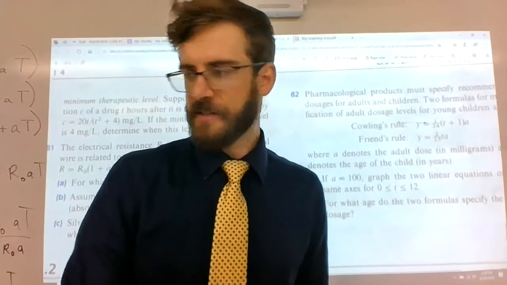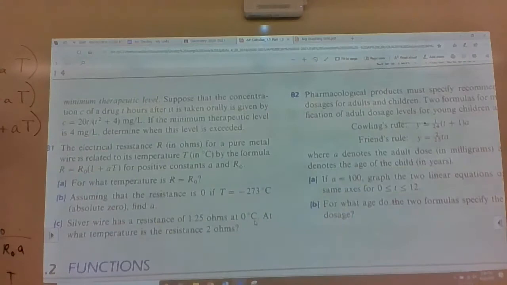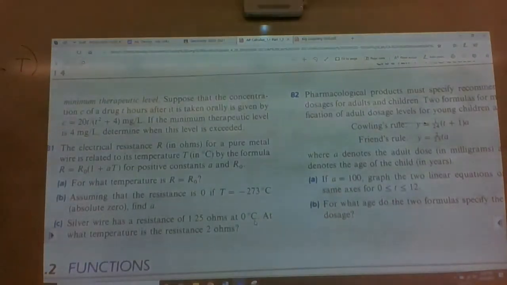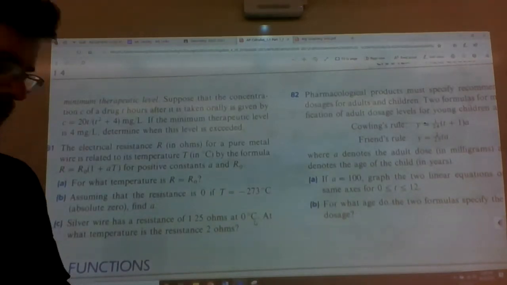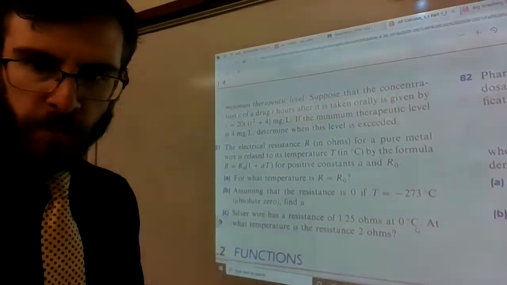All right, what's the last thing we're dealing with? We're talking about silver wire here. It has a resistance of 1.25 ohms.